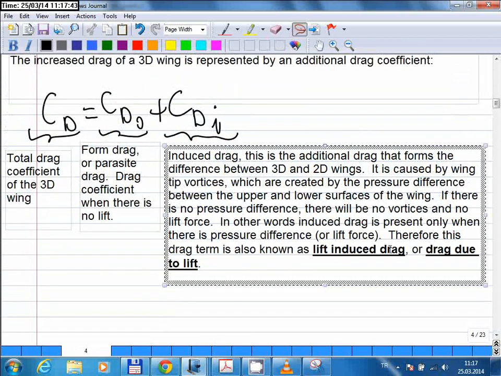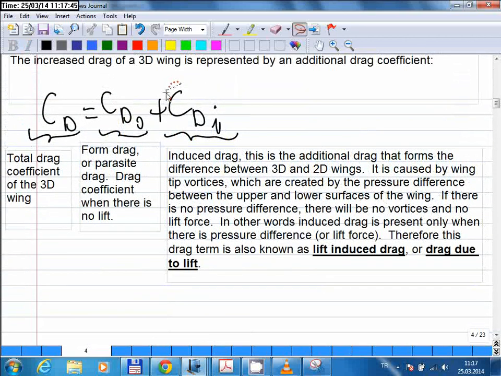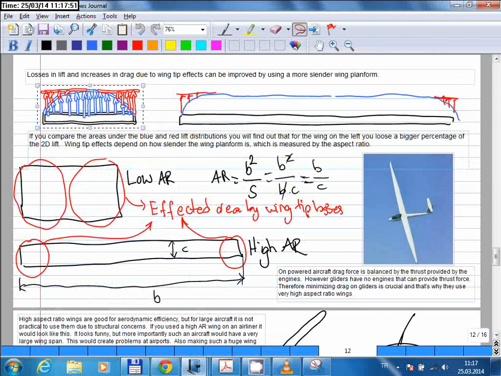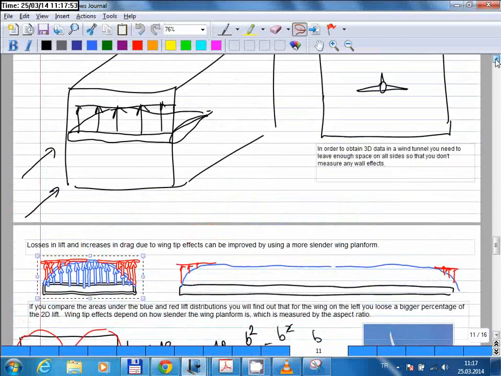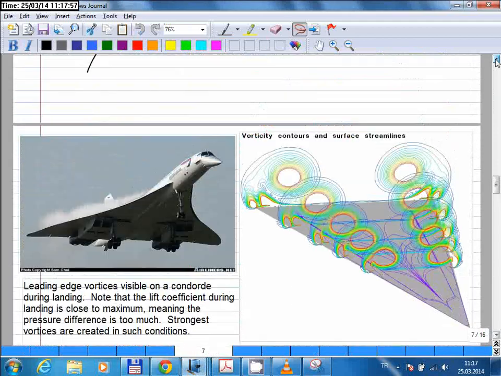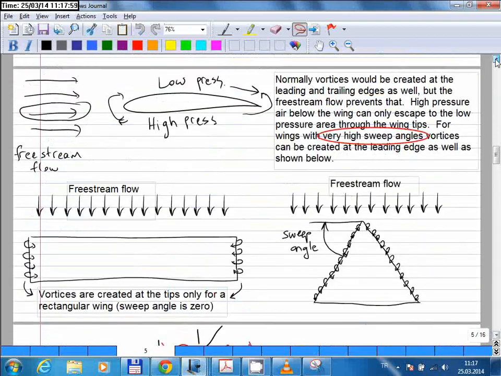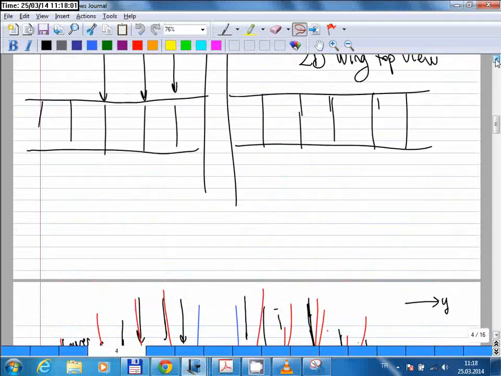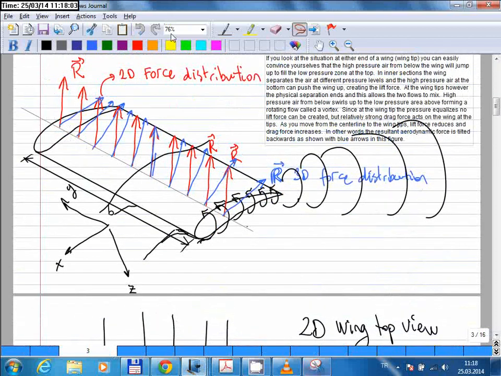Okay, so let me just restate this part again because this is really important. When there's a pressure difference, then at the wingtips you will see these vortices which will cause you more drag force.